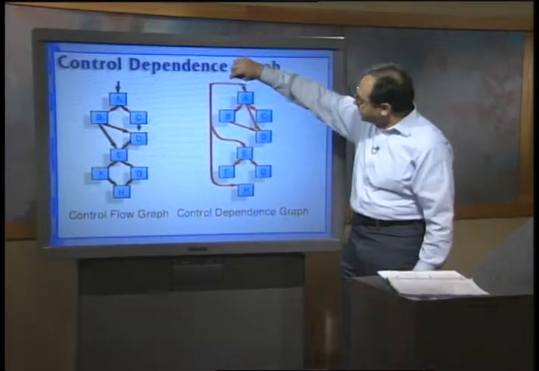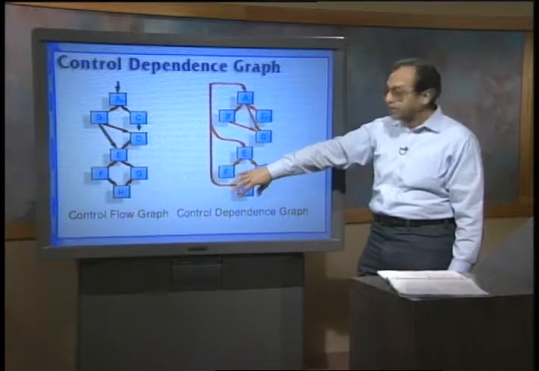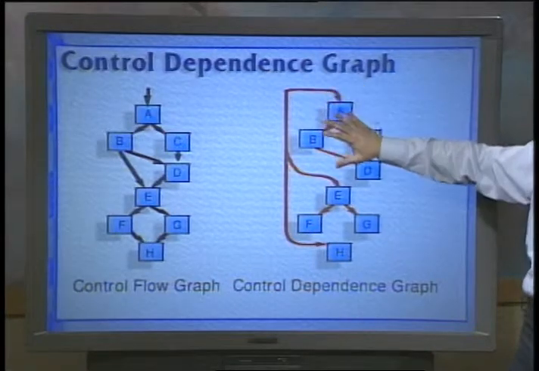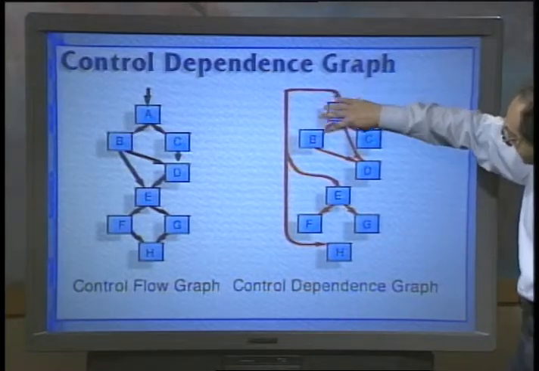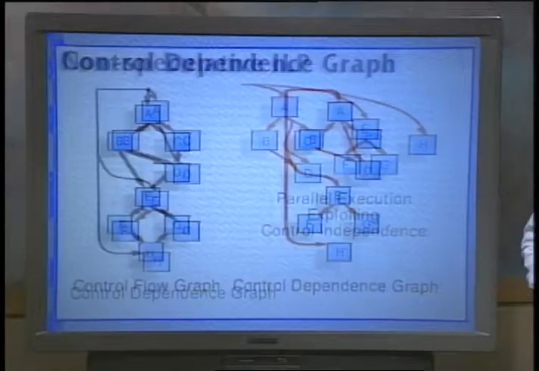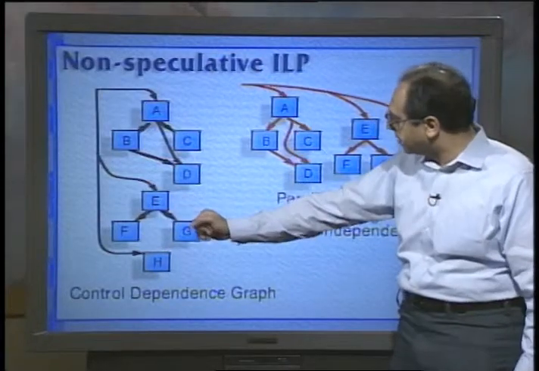Since the instant we know that A is going to be executed, we know that E is going to be executed and H is going to be executed. We could, in fact, start executing all of them in parallel, assuming that there were no data dependencies between the operations in A and E and H. So in fact, we could have the following type of situation. Here's the control dependence graph that we looked at before.